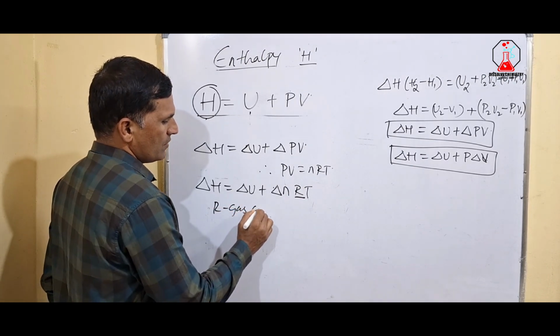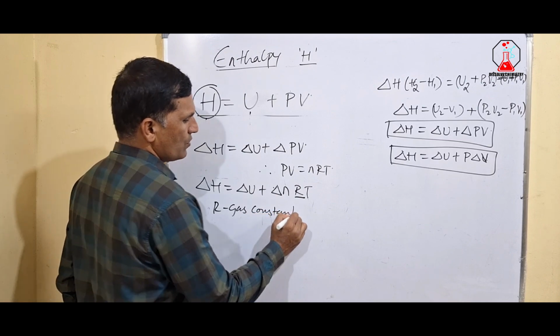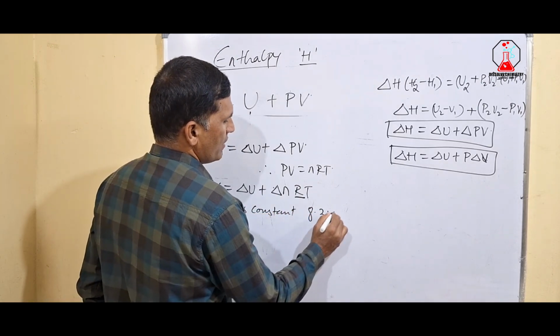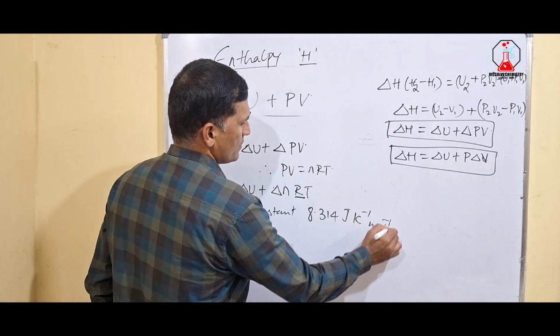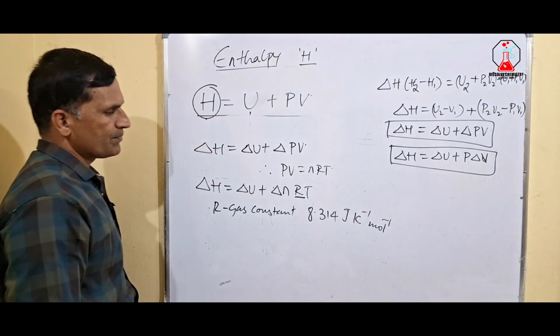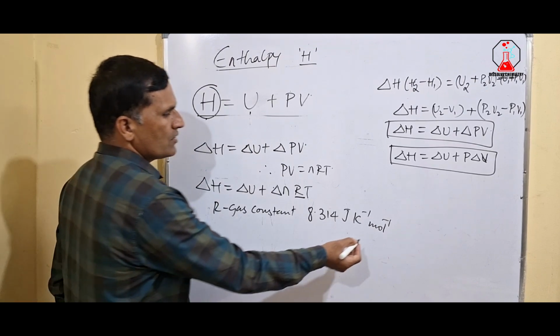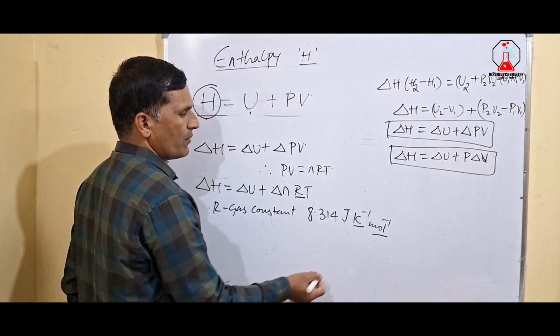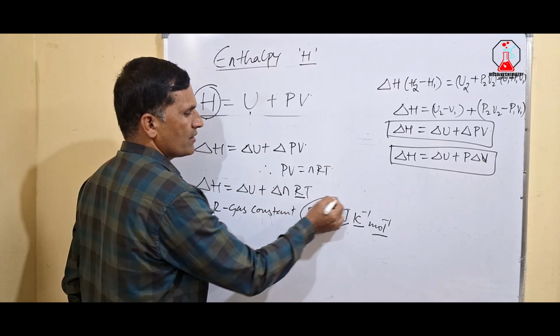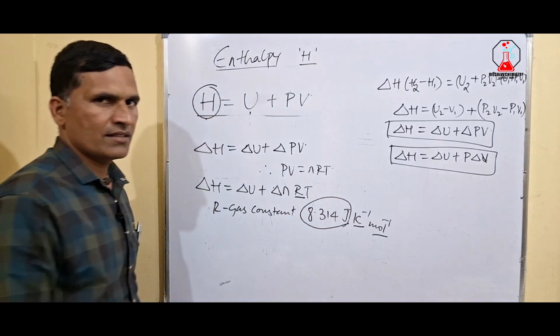Its value is found to be 8.314 joule per Kelvin per mole. Its significance is that each mole of gas at per Kelvin temperature does 8.31 joules of work.